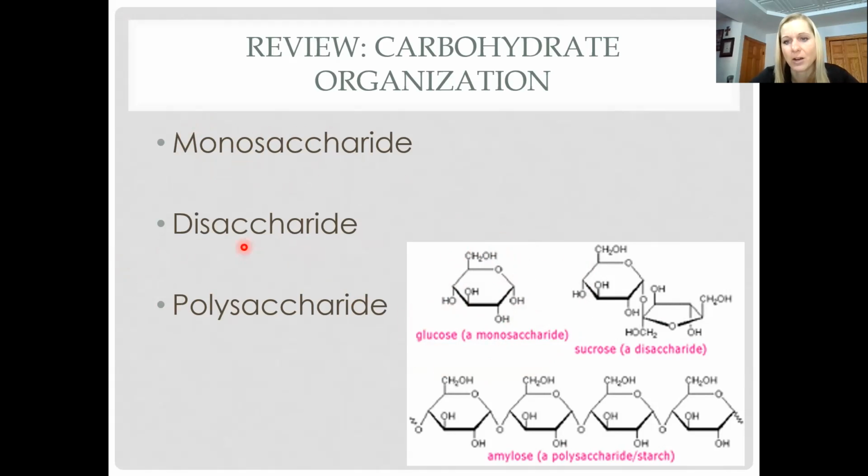Di means two, saccharide means sugar, so it includes sugars that have two sugars linked together. Here you can see an example. Sucrose is made up of two simple sugars linked together. And then lastly, polysaccharide. Poly means many, saccharide, sugar. Again, we're looking at a strand of multiple simple sugars that are hooked together.